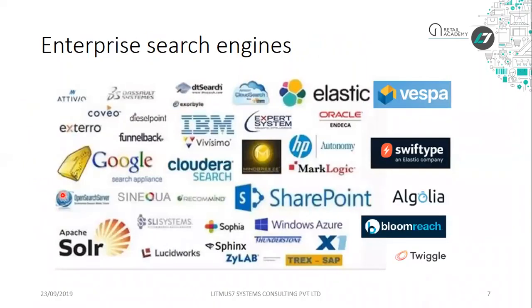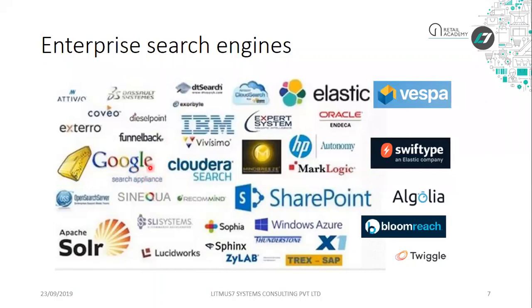These are some enterprise search engines available right now in the market. Some are not available anymore, for example the Google Search Appliance. Google is not an enterprise search engine, but Google had a search application, Google SA, and that is not available now in the market.